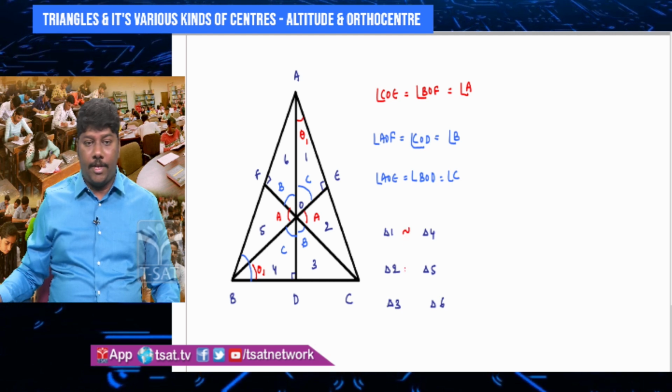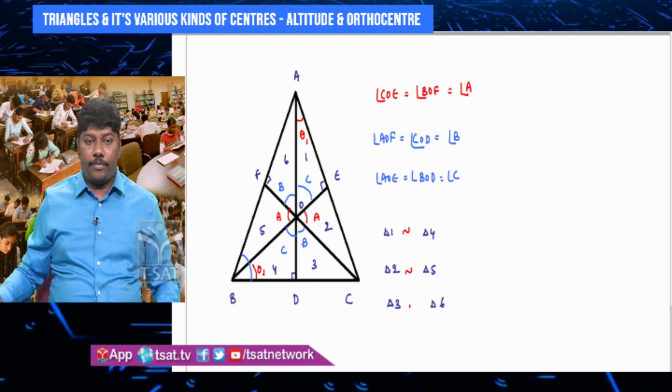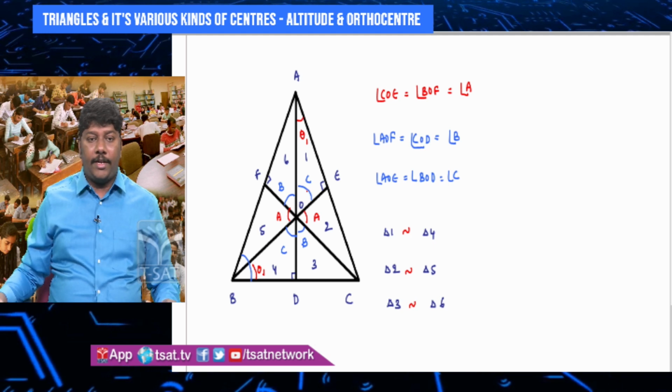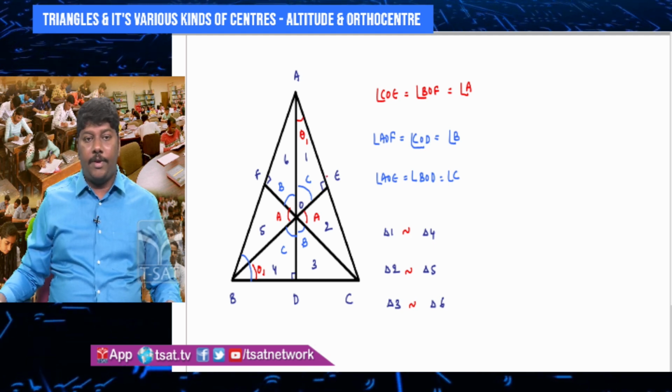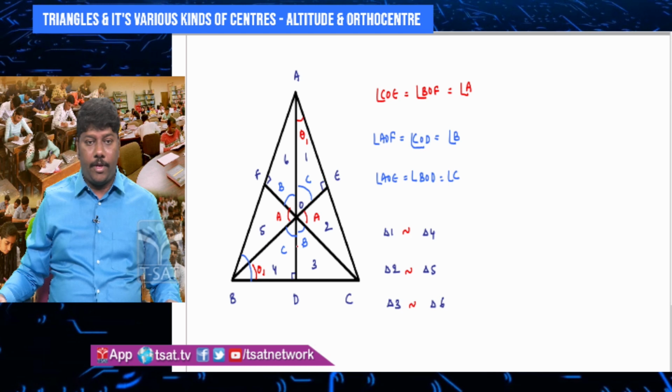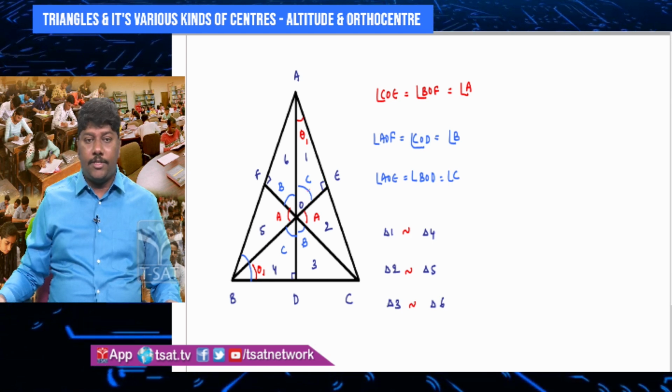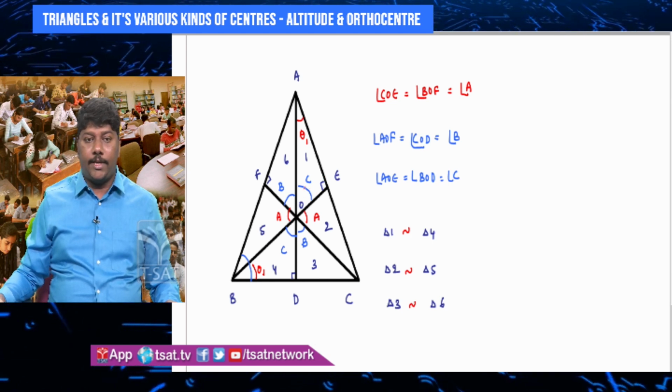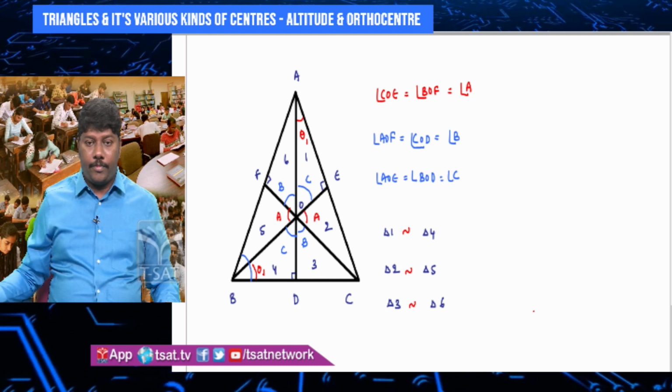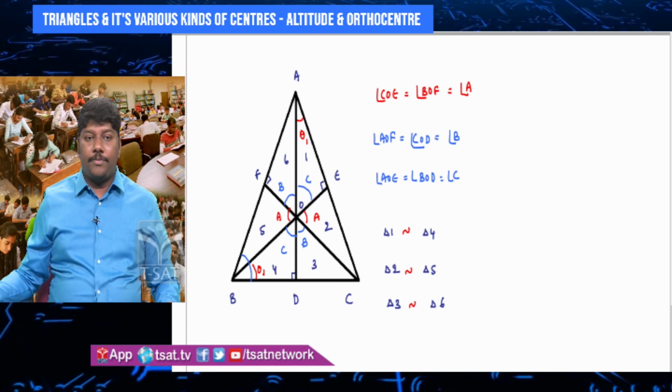In fact, if any one of the sides becomes equal, then they become congruent. So it depends on the question, but as of now we can say those are similar triangles. Now look at the question based on that.